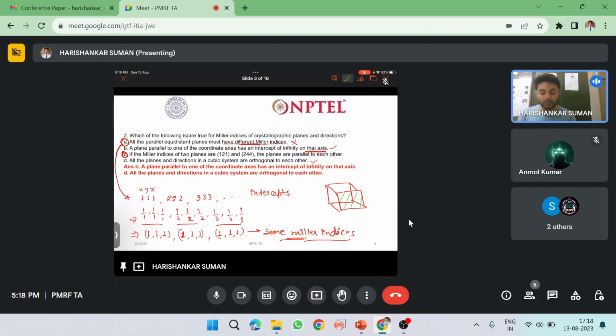What will be the Miller indices of this? X, Y, and Z, this is the origin. So what will be this plane's Miller indices? Can you tell me?